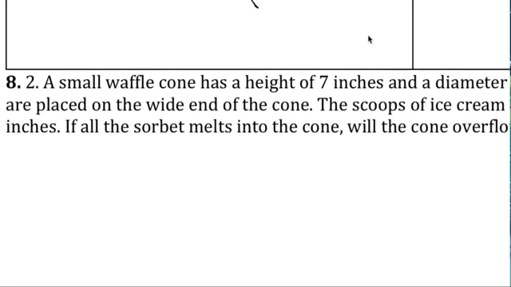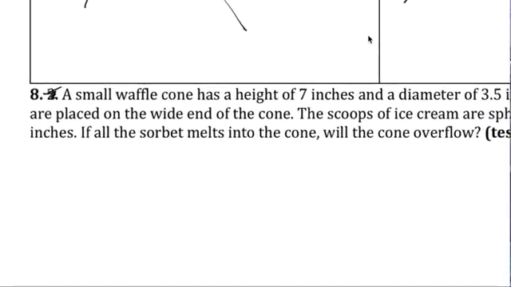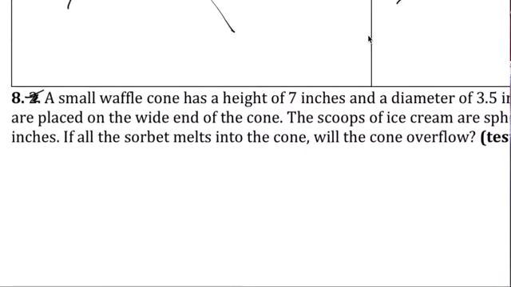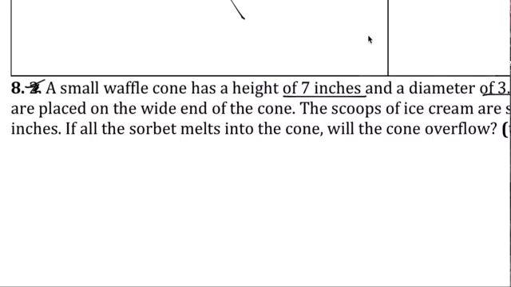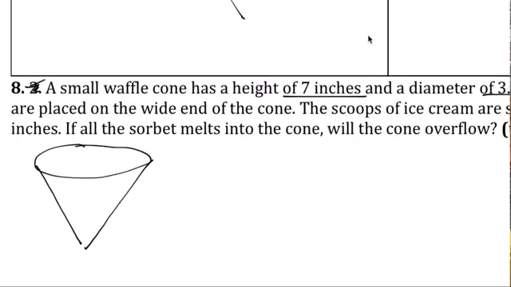Oh, this 2 is a mistake. Meant to delete it. A small waffle cone has a height of 7 inches and a diameter of 3.5. Okay, so the cone height is 7. We know we need a radius.